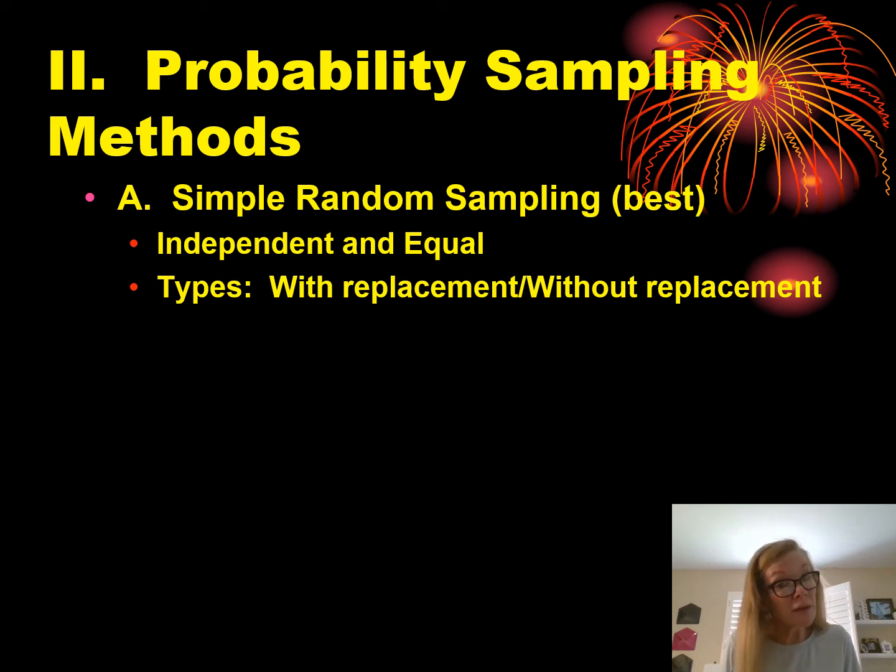But regardless, of course, with replacement is going to be the best for eliminating bias, but they are both kind of the gold standard of sampling because they result in the least biased sample. Okay, this is the sampling technique that has the lowest probability of resulting in a biased sample.